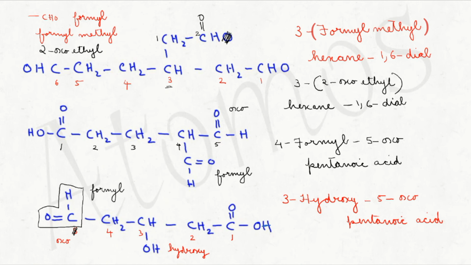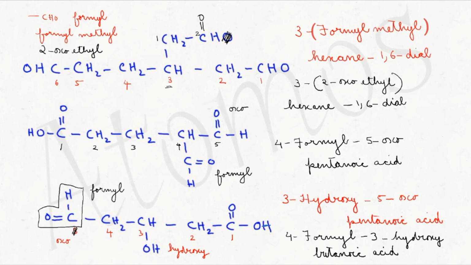Formyl or hydroxy, which one will be coming first in the alphabetical order? Formyl only. So this compound can also be named as 4-formyl, then 3-hydroxy. Here in the longest carbon chain, we are including only 4 carbon atoms. So what will be the name? Butanoic acid. That will be the name of the compound.